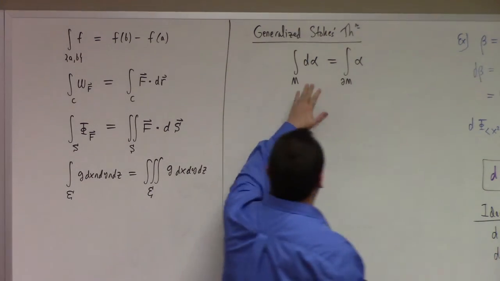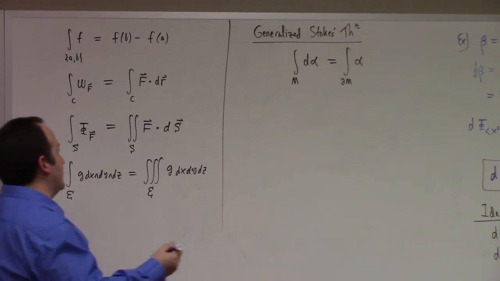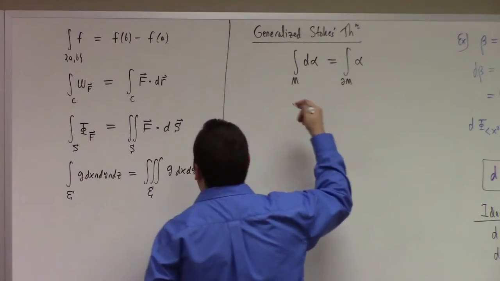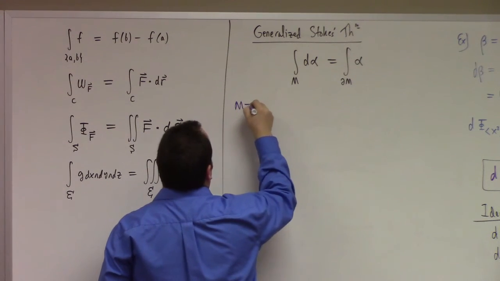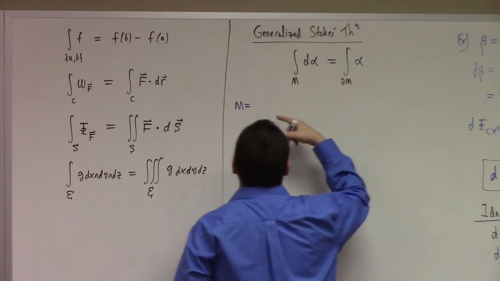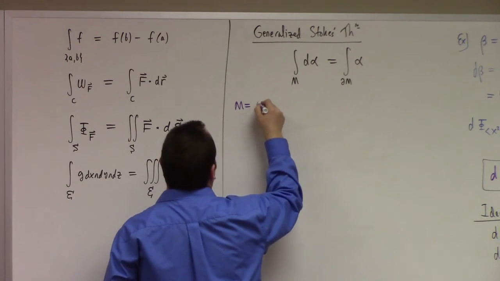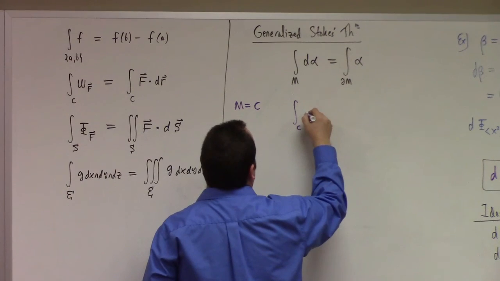So let's take it on faith for a second here, though, and see what the Generalized Stokes theorem says about different cases. So to start with, let's say M is a curve. So we have the integral over a curve of d.